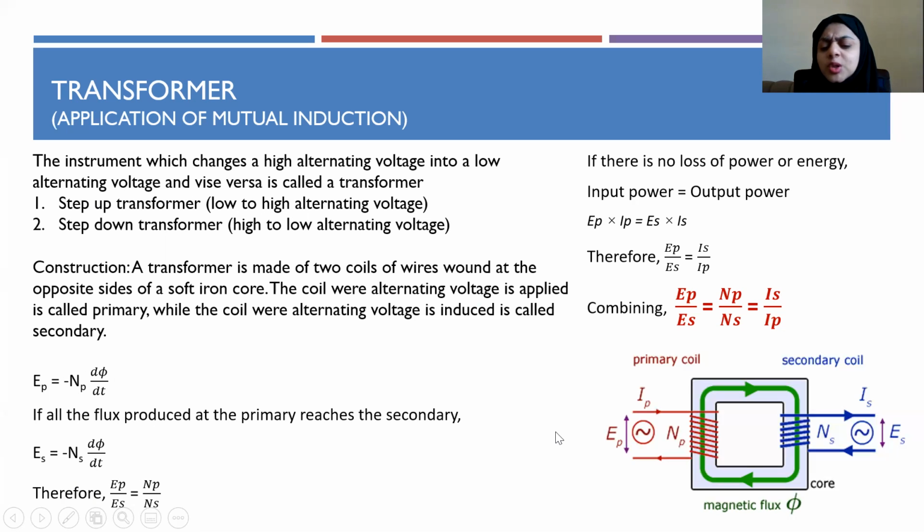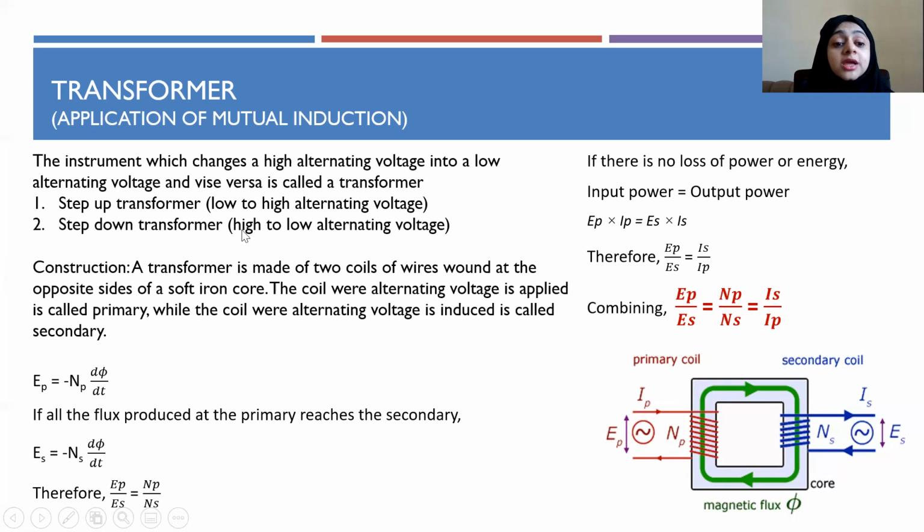So we give a low voltage in the primary and we get back a high voltage in the secondary. So here EP is low if it was a step-up transformer, and the number of turns should be less. Is it like that in this figure? No.